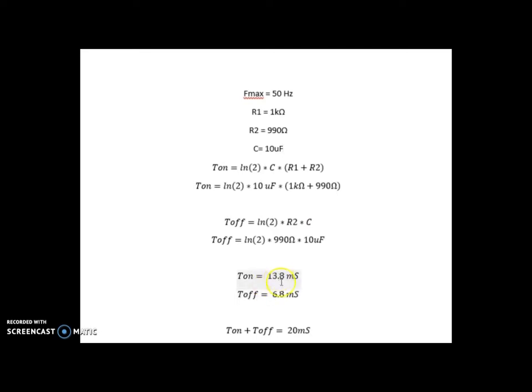When we sum these times, we obtain a total of 20 milliseconds. And if we do the equation of frequency, that is 1 divided by 20 milliseconds, we obtain the max frequency.